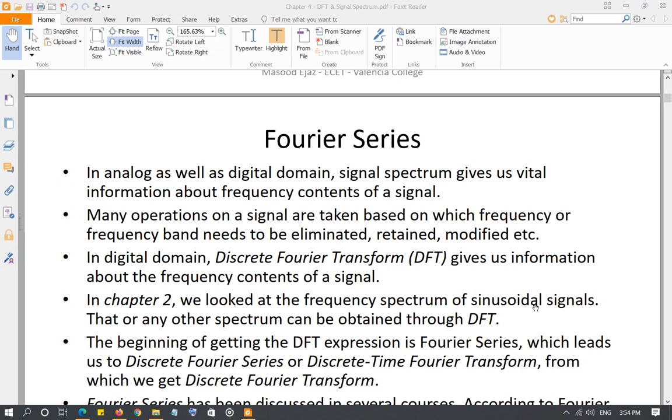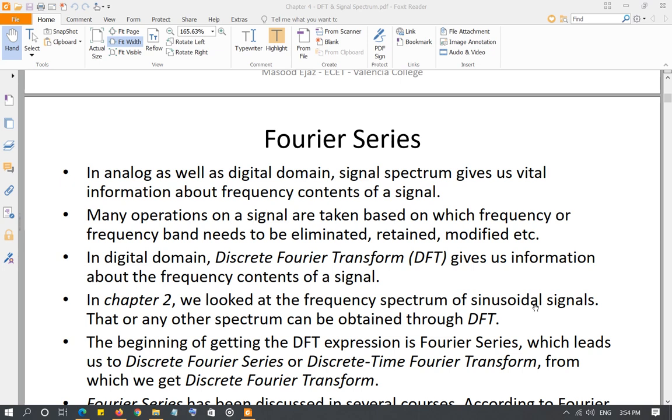The other component is this: every periodic signal, no matter what the shape of the periodic signal is, has a sinusoidal component with the same frequency as the original periodic signal.